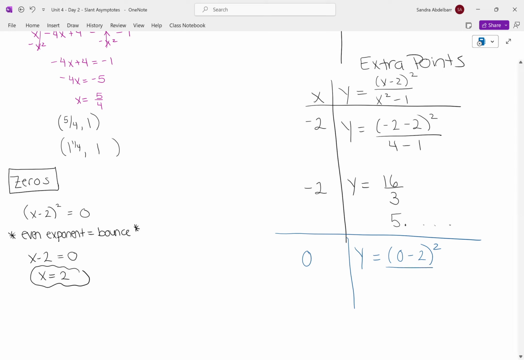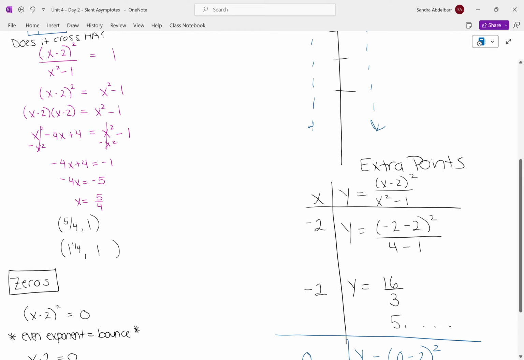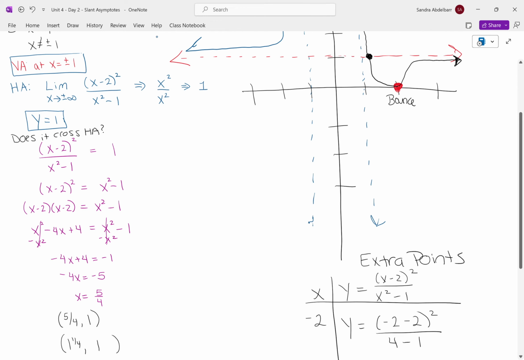So now y is equal to 0 minus 2 squared over 0 minus 1. So we have 4 over -1, which gives us -4. So now I have the point (0, -4), which is right over here.